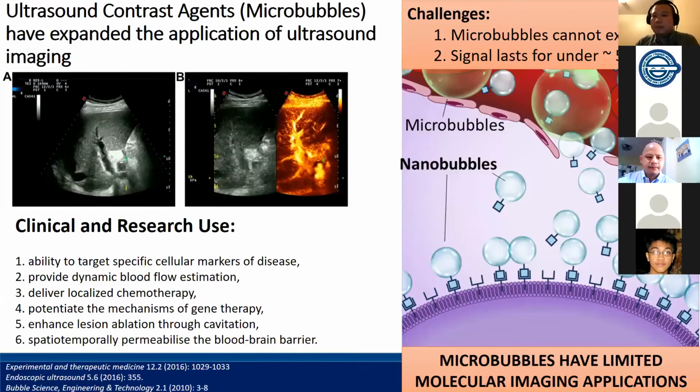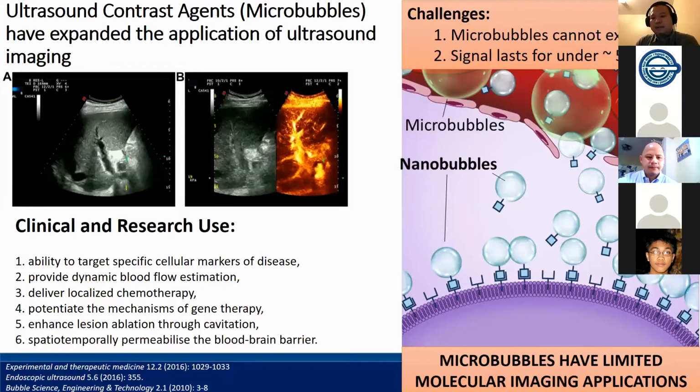But these microbubbles cannot extravasate, so they remain in the blood vessel. The signal that we get from microbubbles can only last for 5 minutes. That means microbubbles have very limited molecular imaging applications.